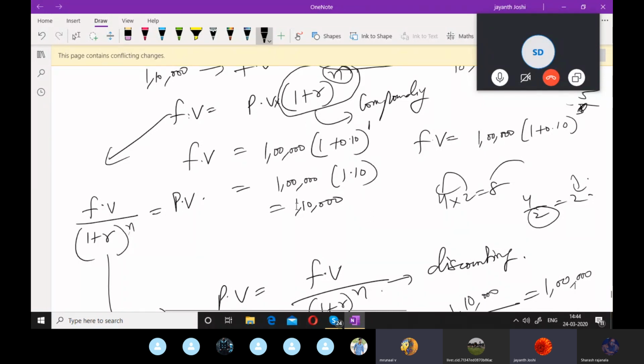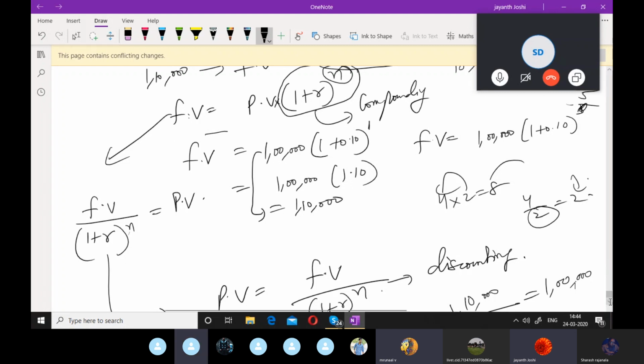After 1 year, my value is increasing to 1,10,000, because something is getting added to my 1 lakh. My 1 lakh is growing at the rate of 10% and becoming 1,10,000 at the end of the year. After 2 years, after 3 years, after 4 years also you can find out. So this is the formula which will give you the answer for future value.